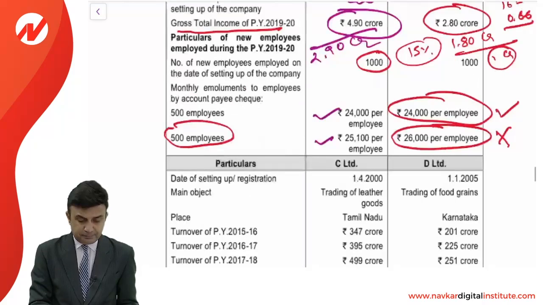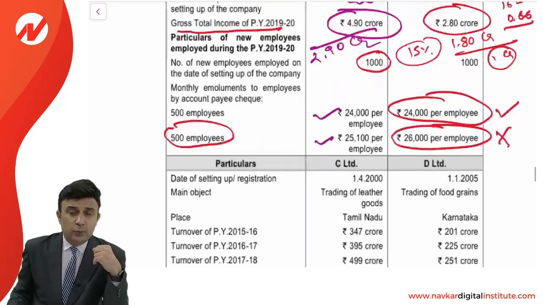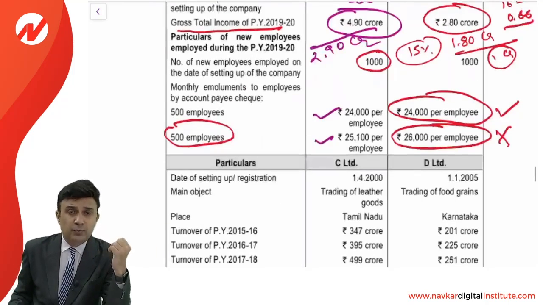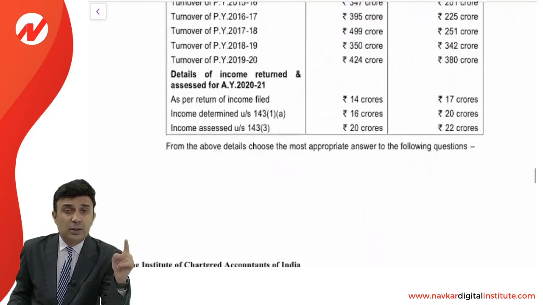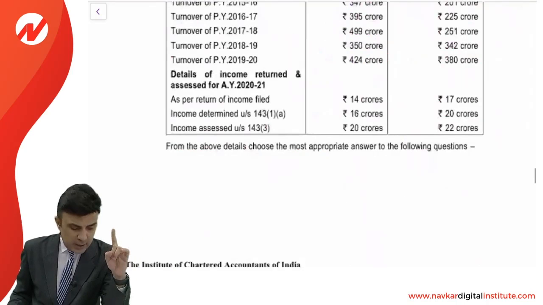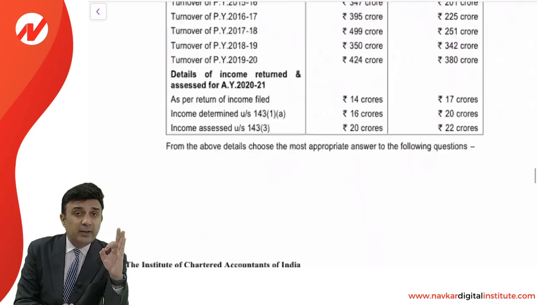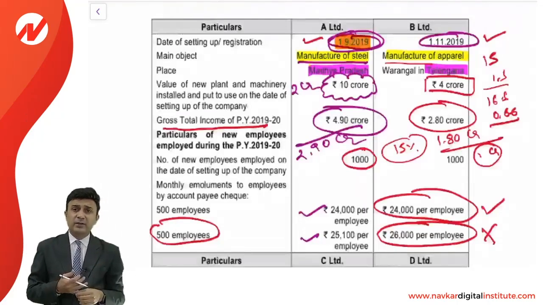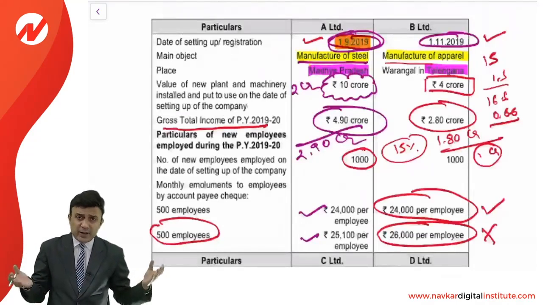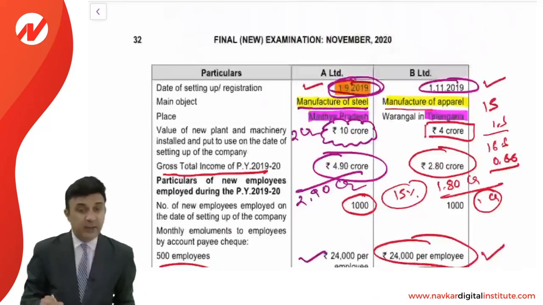Let me check. Friends, yours is a new company. You are not opting for 115BAA. If yours is a new company, you cannot go for the 25%. The reason being, 25% is applicable only if your turnover does not exceed 400 crore in the financial year 17-18. You don't have financial year 17-18 any turnover, you don't have existence. So your 2 crore 90 lakh will be taxable at 30%.